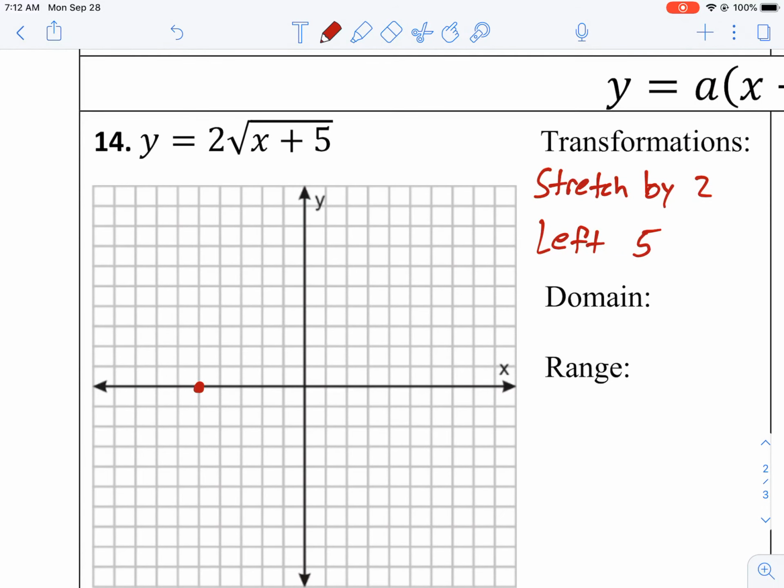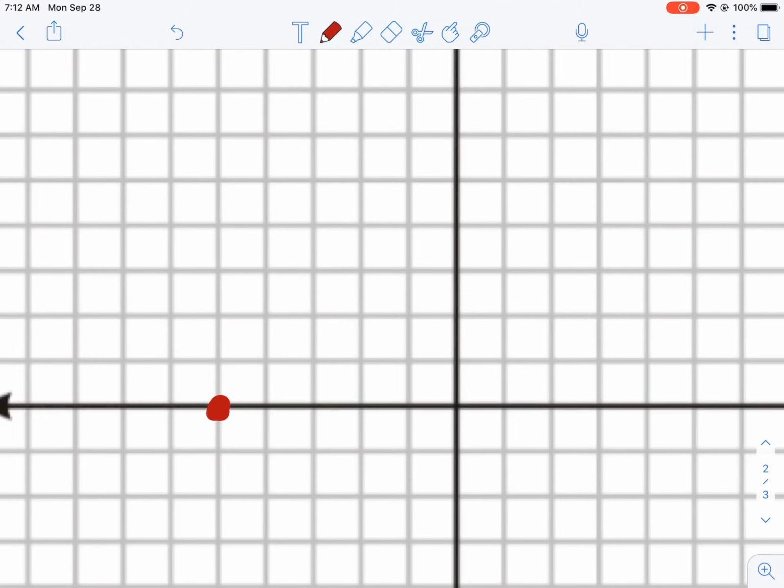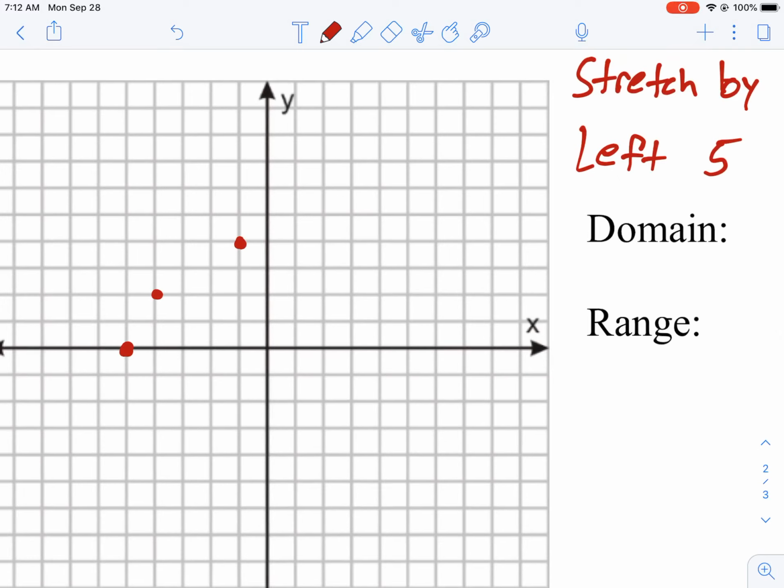And for the stretch part, you guys can look at Desmos to look at the actual points. But essentially, all of the points are going to be doubled, so the next one will be at 2. The point for 4 will be up 4. And then the point over 9 will be up 6. So it'll look like that.